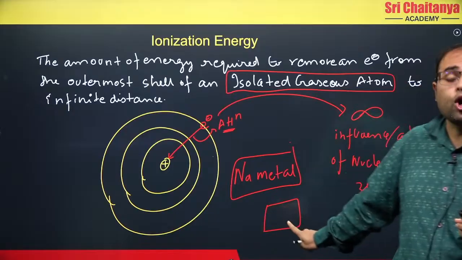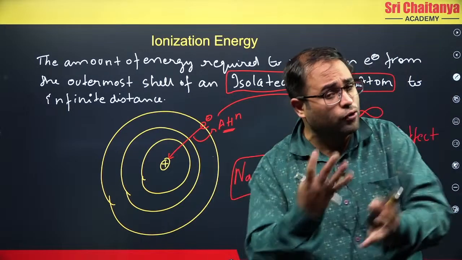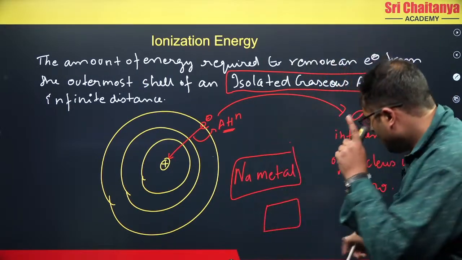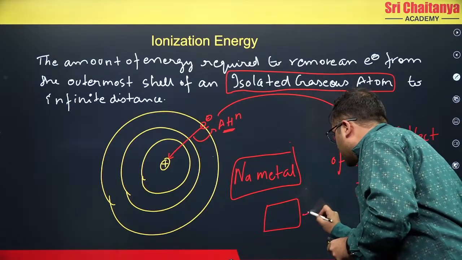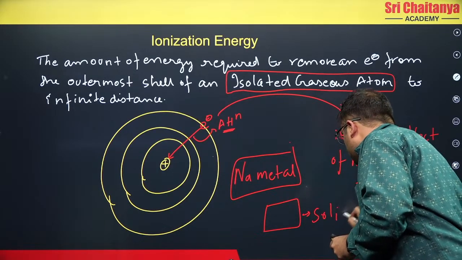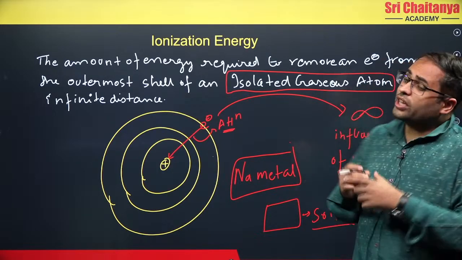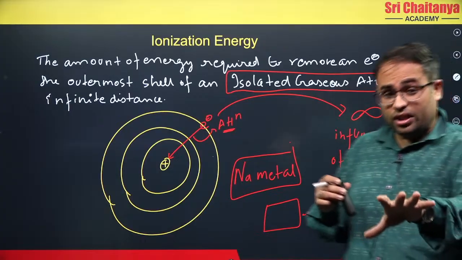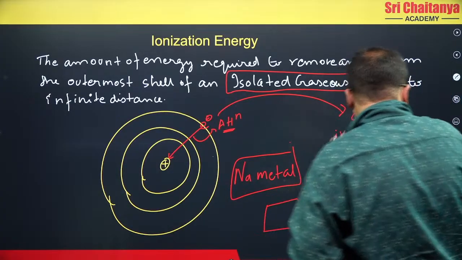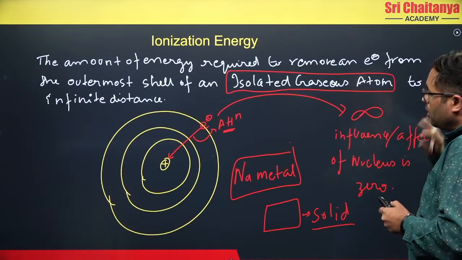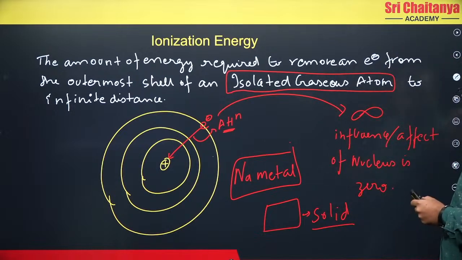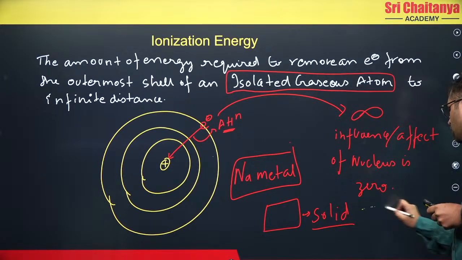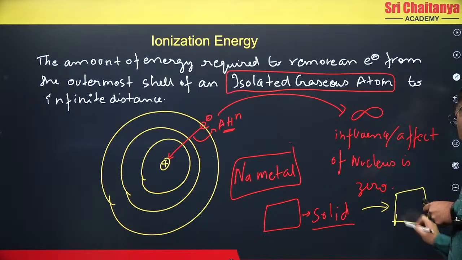Now this piece of sodium metal will have a number of sodium atoms, correct? Plus, this is in which state? Solid. So to calculate the ionization energy, first you have to convert this solid into gas.